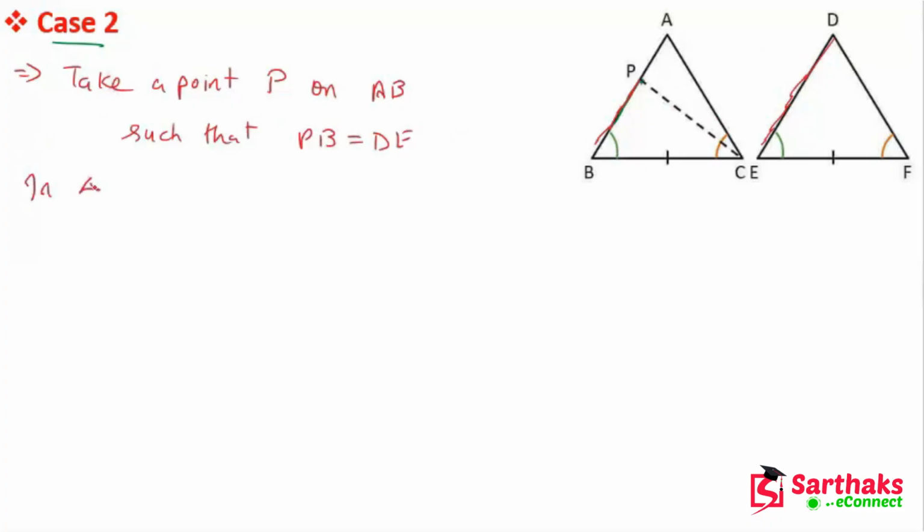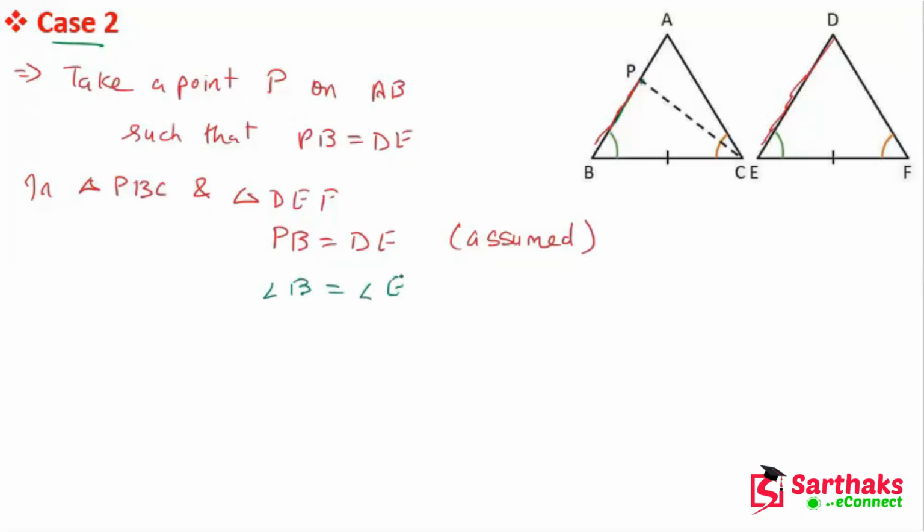So in triangle PBC and triangle DEF, PB is equal to DE, which is again assumed, and angle B is equal to angle E, which is given. Similarly, BC is equal to EF, which is also given.